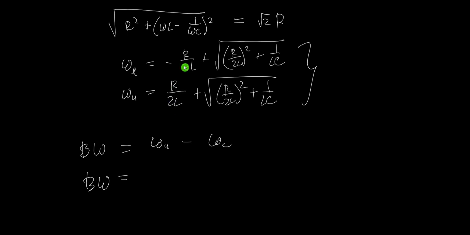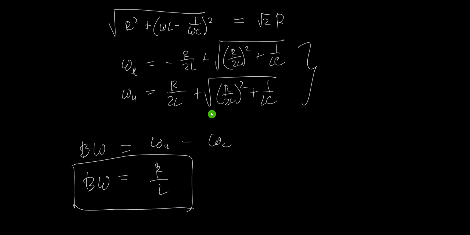So because this is 2 and 2, R over L, 1/2 plus 1/2. This will cancel out. So the formula for the bandwidth in terms of the natural frequency is R over L. But if you want to make it in terms of the actual frequency, you can just divide it by 2 pi, so that it will be a frequency.